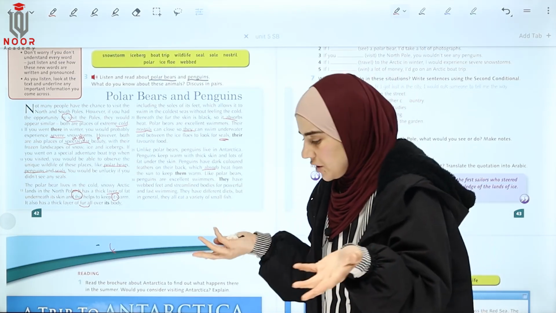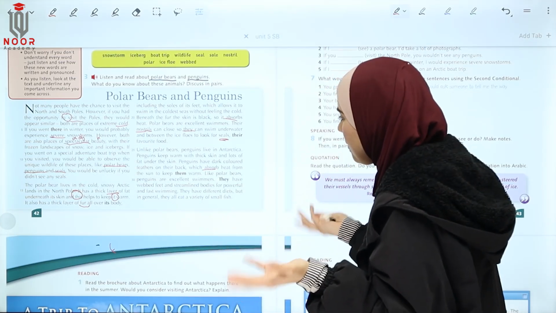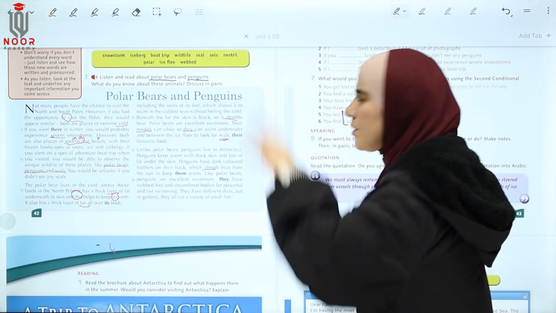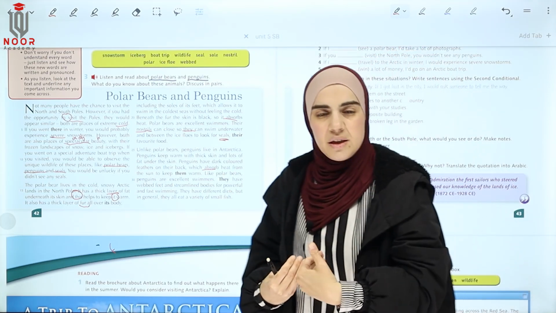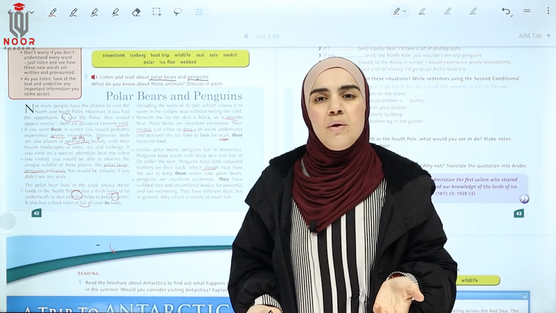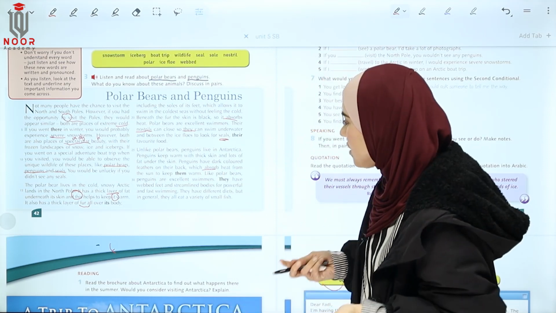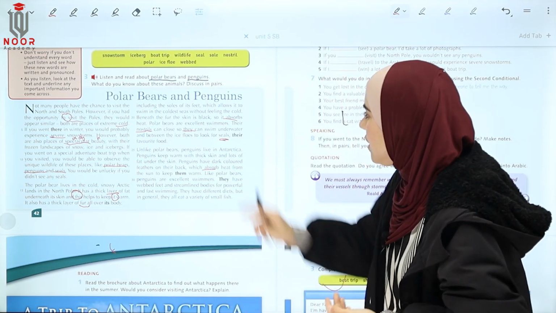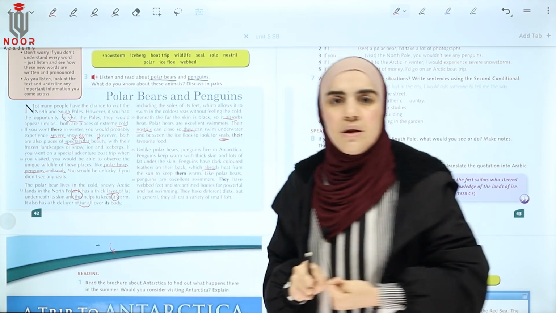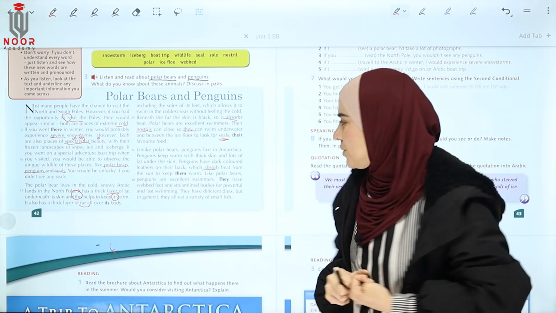So if I read this sentence once again, which absorb heat from the sun, what does this word mean? Here, it absorbs heat. What do I mean by absorbs here?